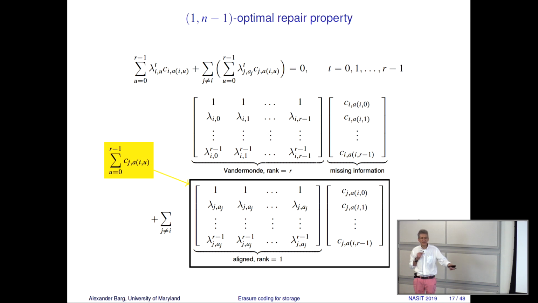This idea, in fact, is what wireless communication researchers call interference alignment. So we can align the quote-unquote interference from the helper nodes in a way that it is multiplied by a rank 1 matrix. And therefore, we can look at the sum of those symbols from the helper nodes rather than at one symbol. And that saves the repair bandwidth.